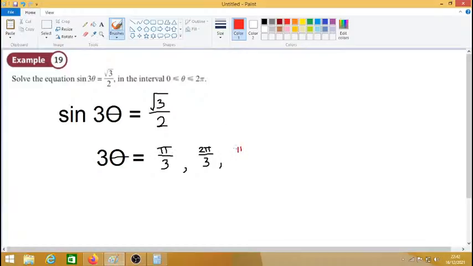That works out to be 7 pi over 3. 2 pi would be 6 pi over 3 plus another pi over 3, which would be 7 pi over 3.